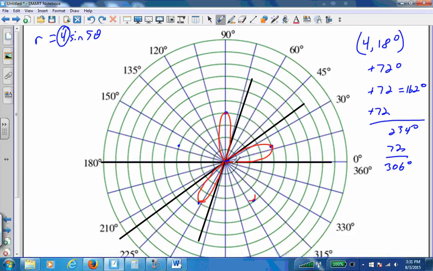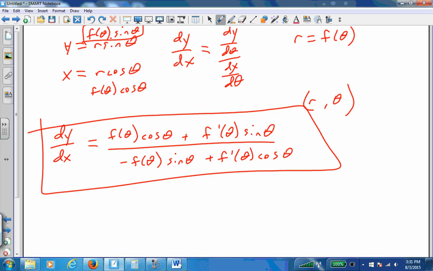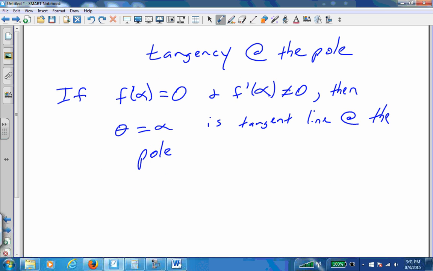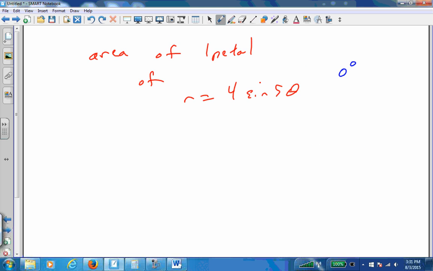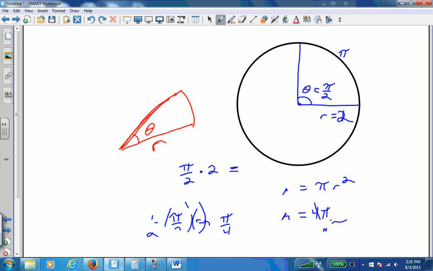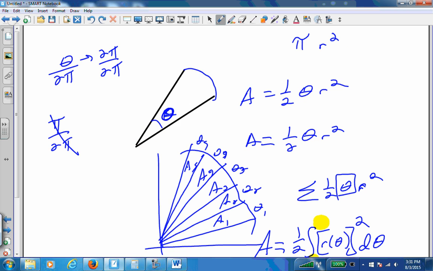So this was, let's see, what was it, 0 and then 72? So we need to integrate that function, get to the end.